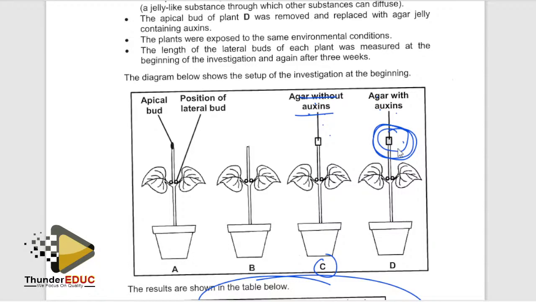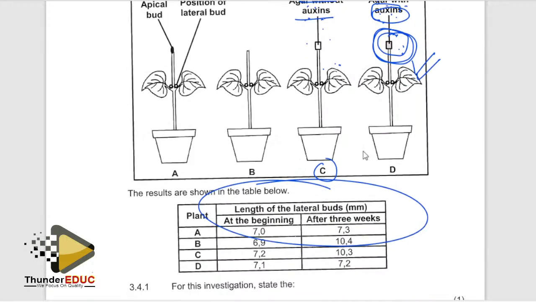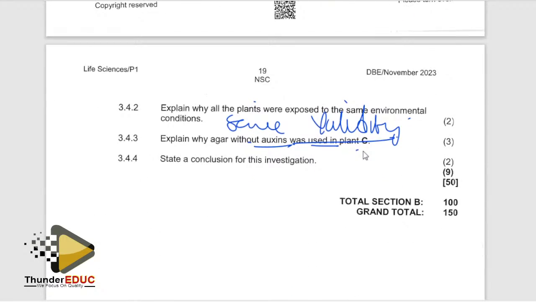Or you can compare the results in here and the results in here. So whatever happened here, the increase in the lateral branches, was as a result of auxins, because this is agar without auxin and this is agar with auxin. Automatically, what happens here will be as a result of auxins, because they are the same plant, the same environmental conditions, but now the results show that this one is more than this. So basically, it is to compare the results, or to create a reference point, or you can explain it any way you think is right.